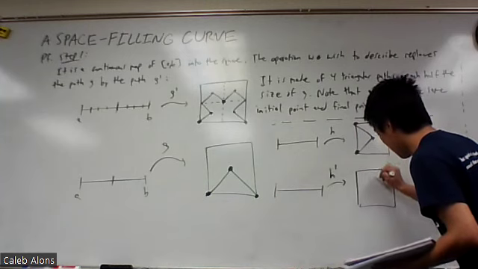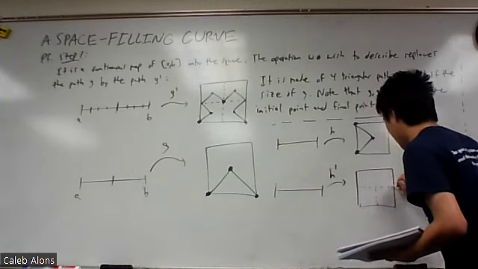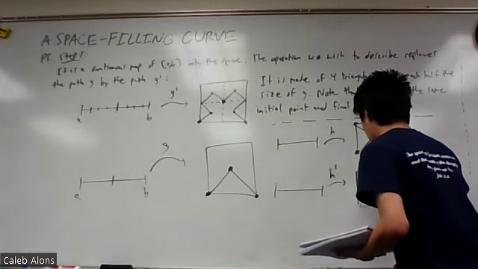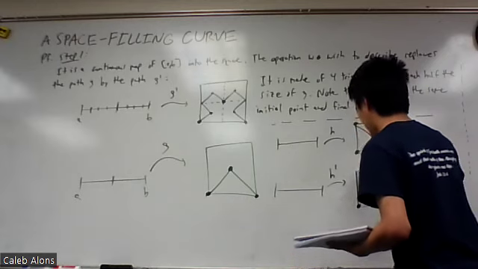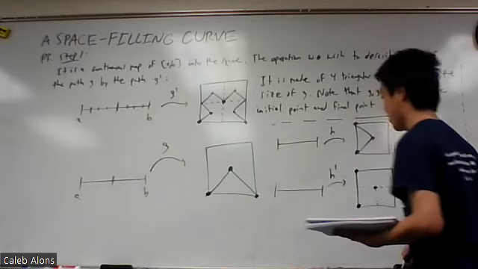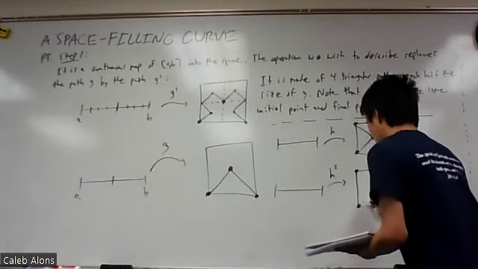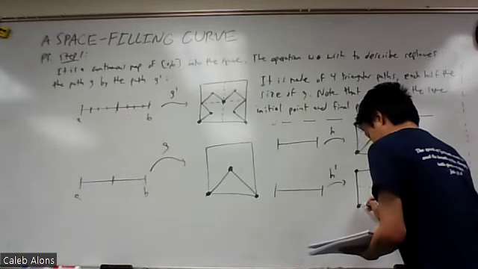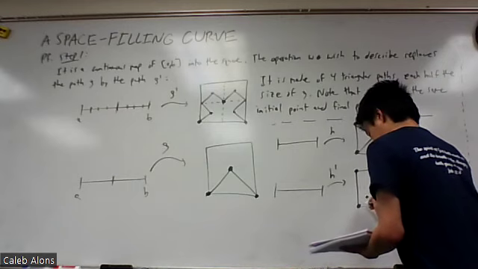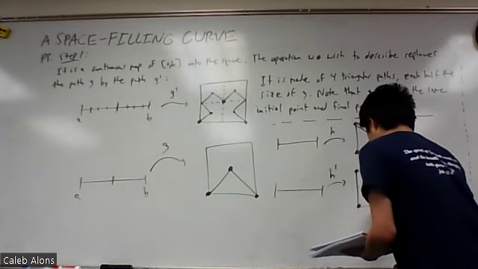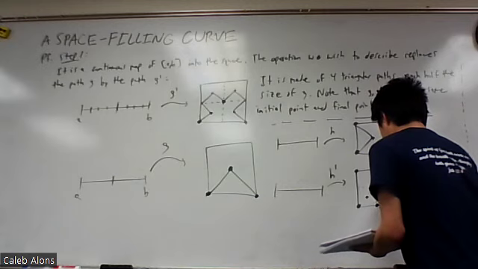And now I'm dividing into 4 equal pieces. That center piece is still going to be there. That's still the beginning point. That's still the ending point. And now what I've done is I've split it into multiple pieces. So I'm going to visit here first, and then go down here, and then go up here.